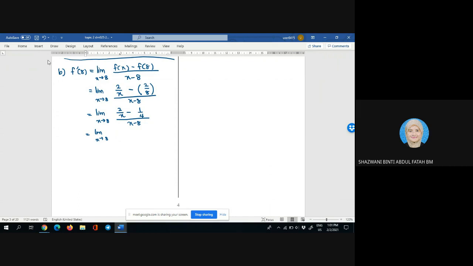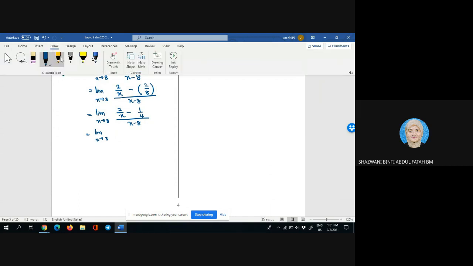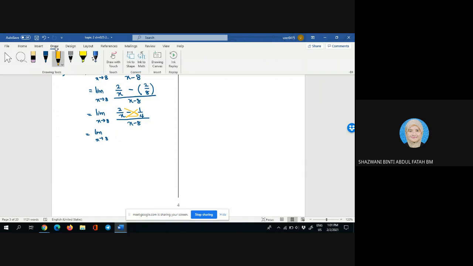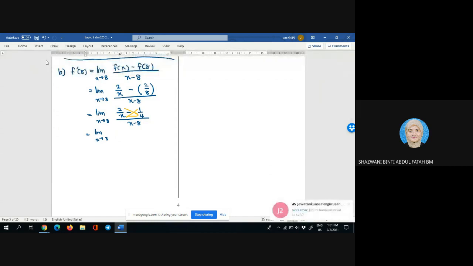So what you need to do is you need to cross multiply. Okay, ni darab ni darab ni. So what happen in the numerator is atas you will get 8 minus x over 4x.